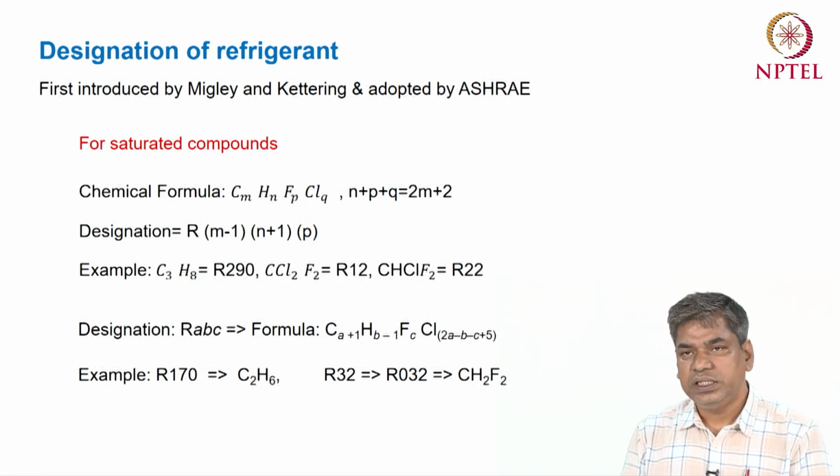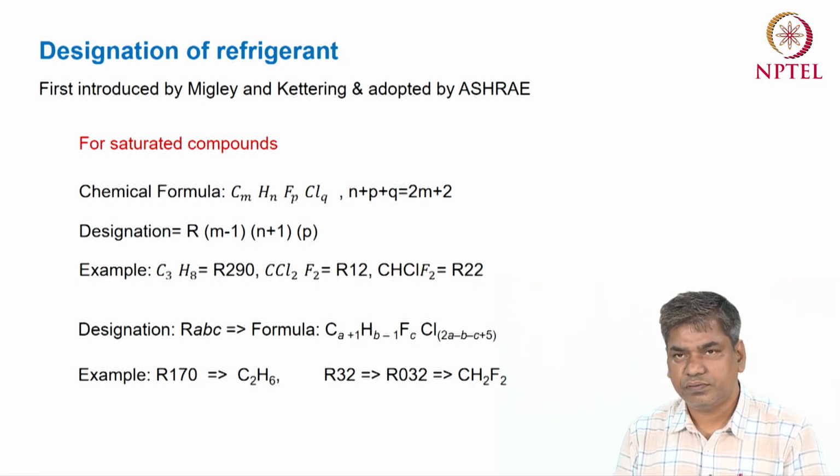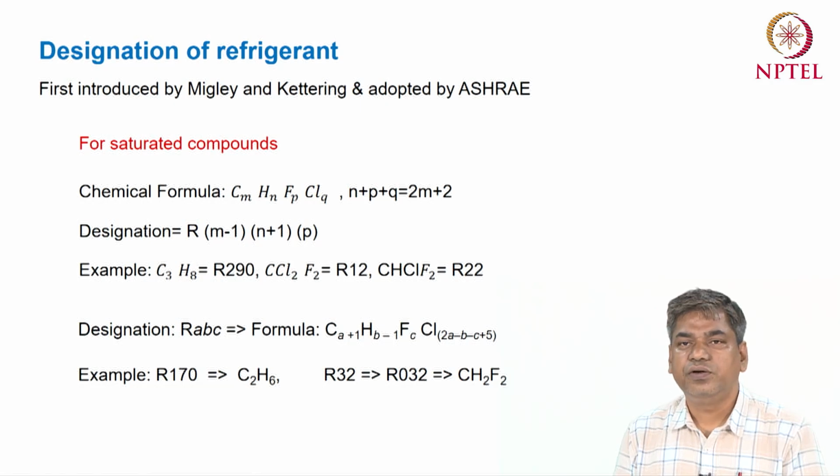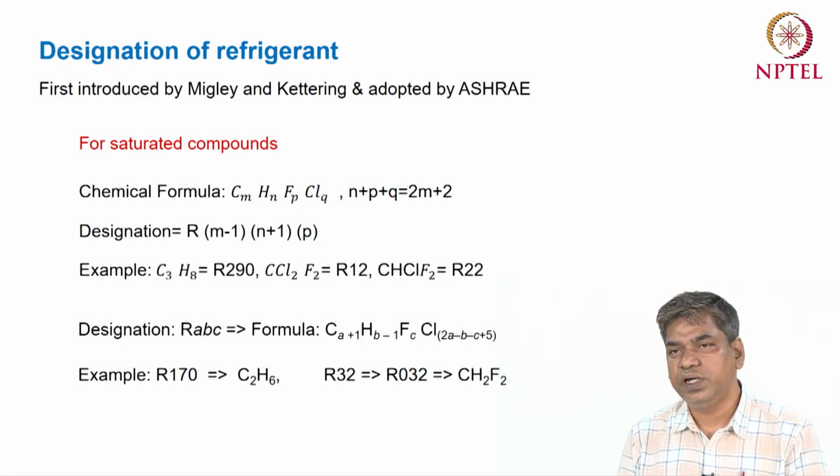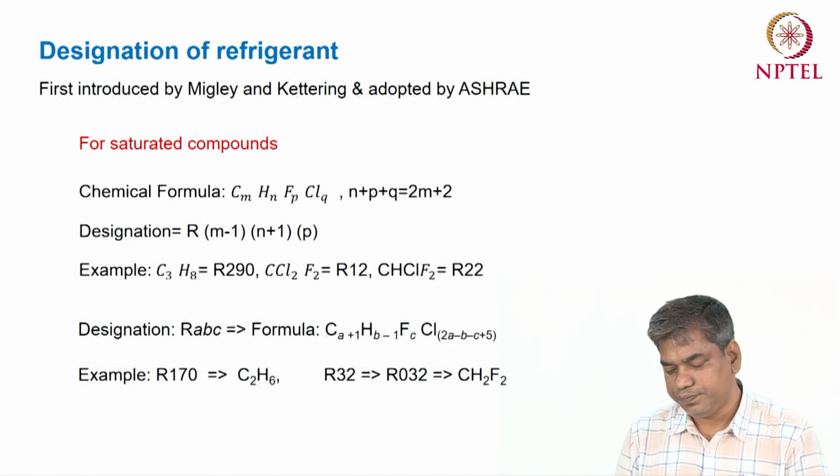This is ethylene, sorry, this is ethane. So R170 is ethane, C2H6. Similarly R32 we can write as R032, so A is equal to 0, B is equal to 3 and C is equal to 2. The chemical formula will become CH2F2.